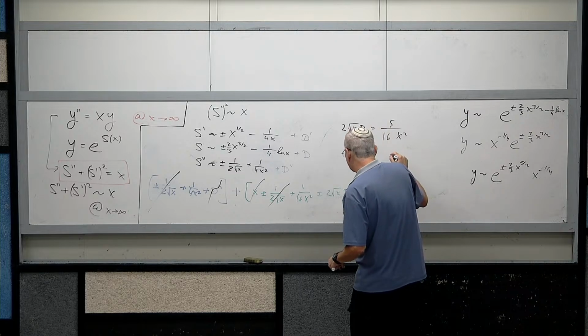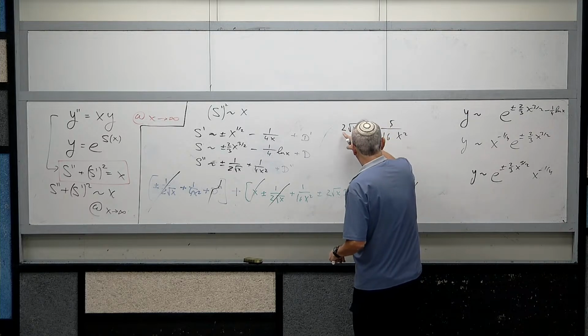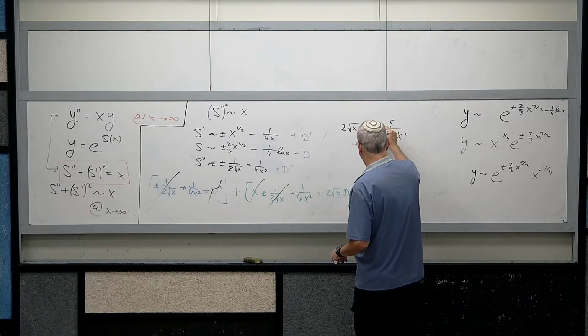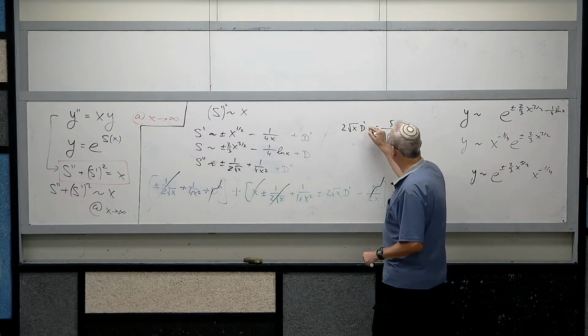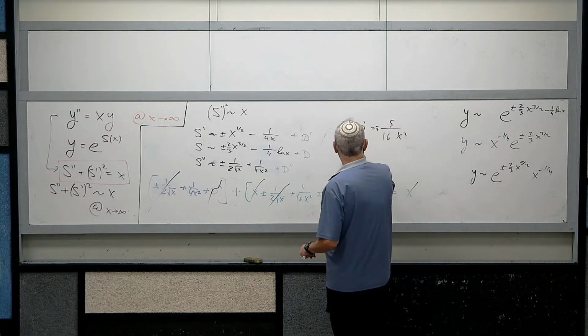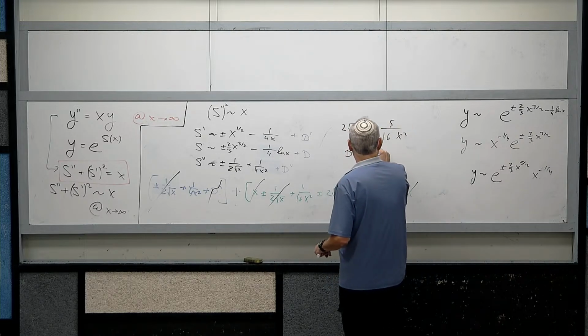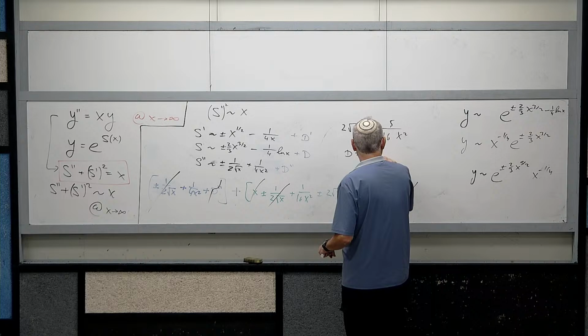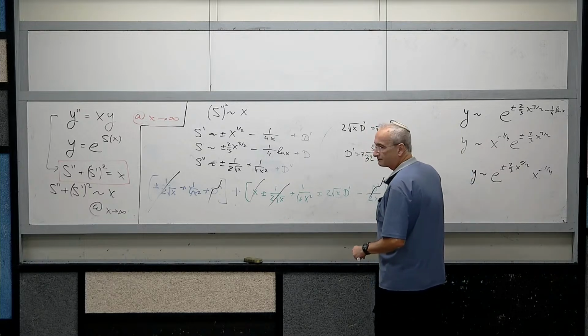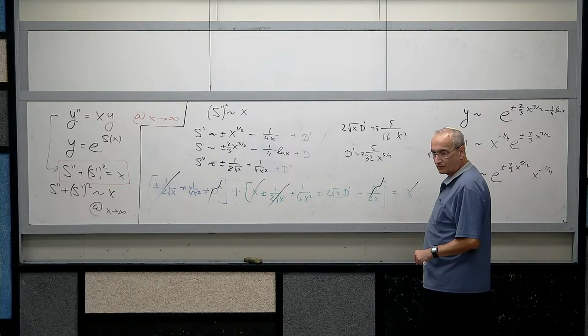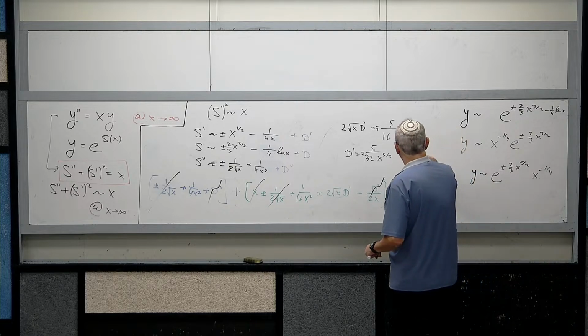With a minus sign, I have plus minus, so I will have minus plus. I think so. It's a d prime. D prime, yes. So d prime is 5 over 32 times x to the 5/2, with a minus plus sign. Okay? And this implies that d, what is d?